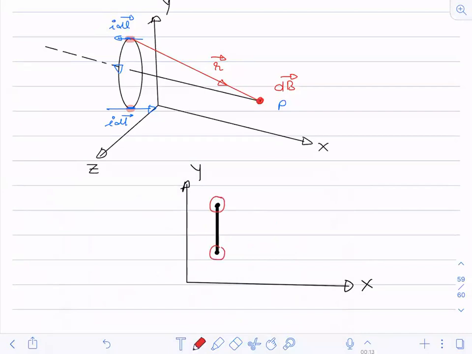Will it come towards you or will it go into the plane? At the top point, where will the current go? Will it come towards you or go into the screen? Yes, I've got only one answer.